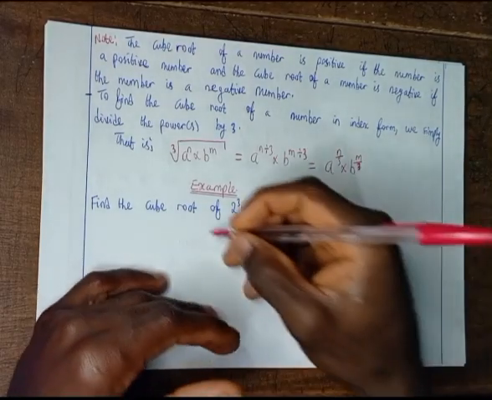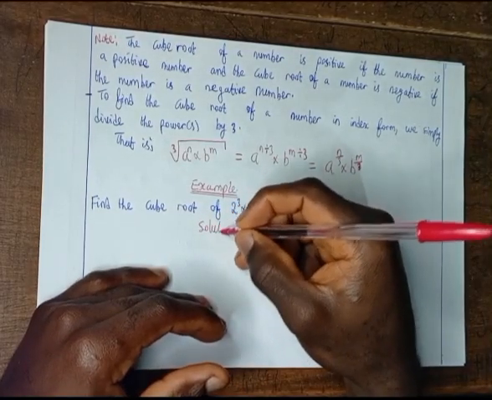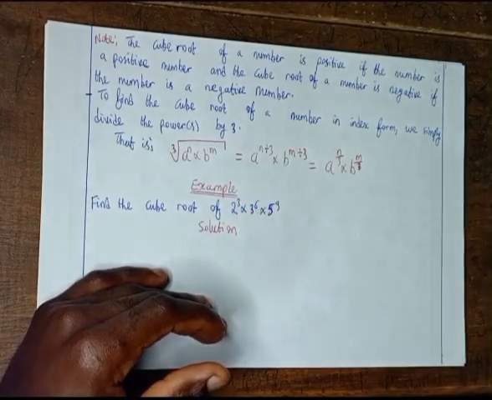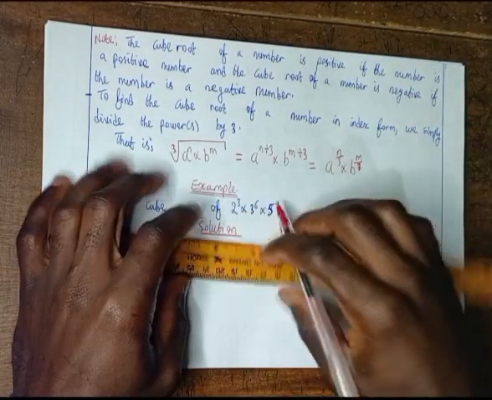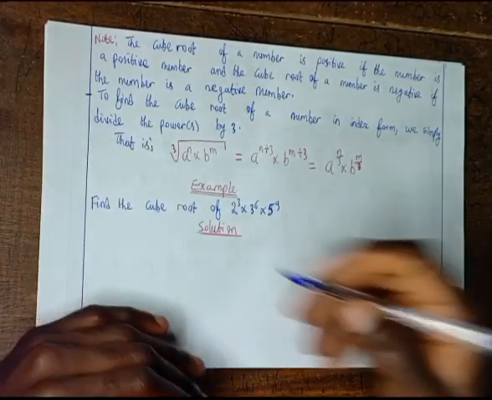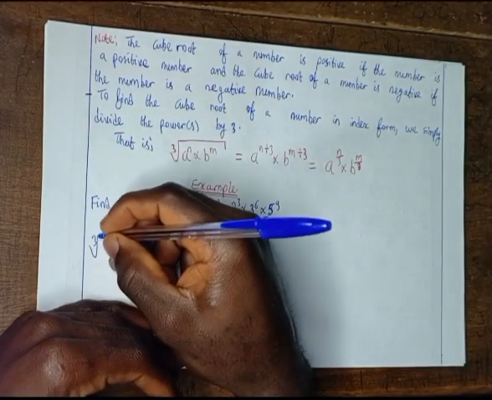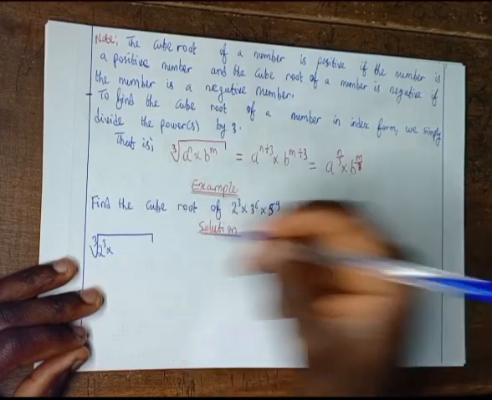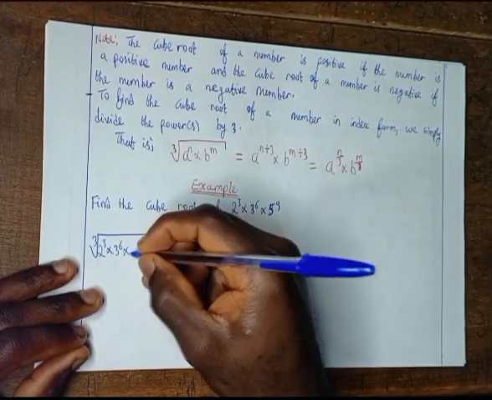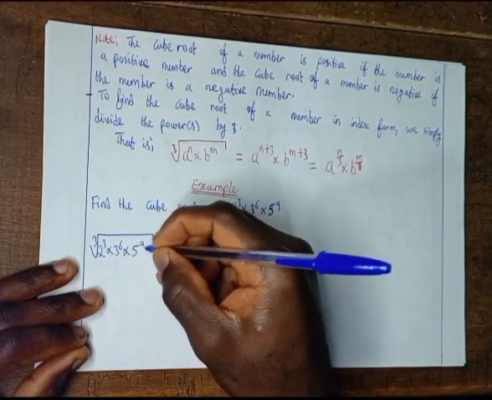Take down solution. You need the cube root of our number in index form, 2 raised to the power 3 times 3 raised to the power 6 times 5 raised to the power 9.